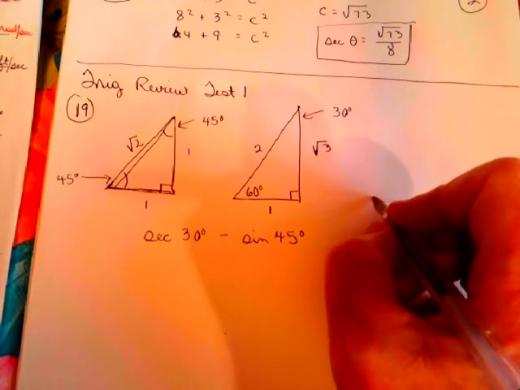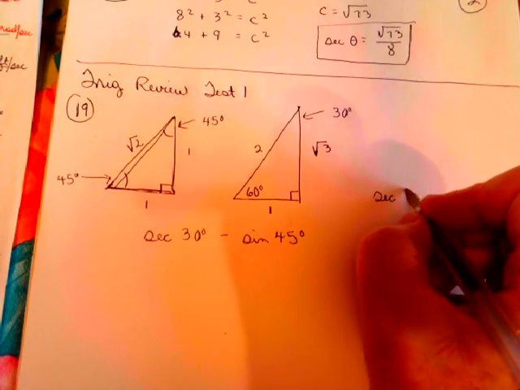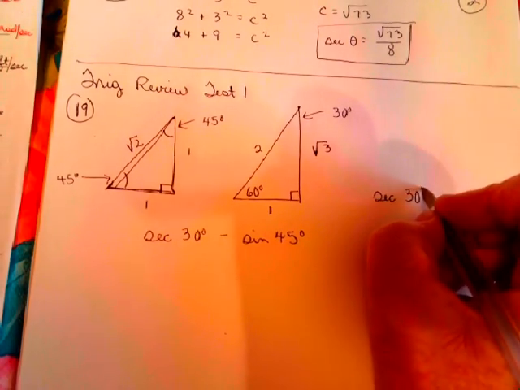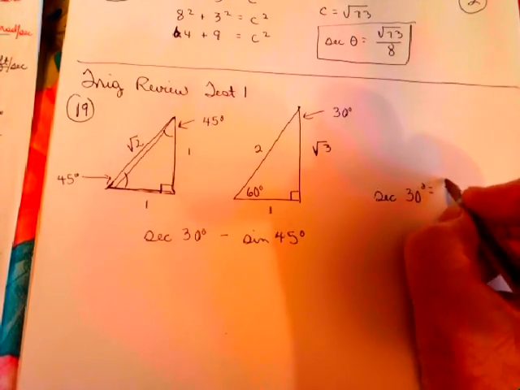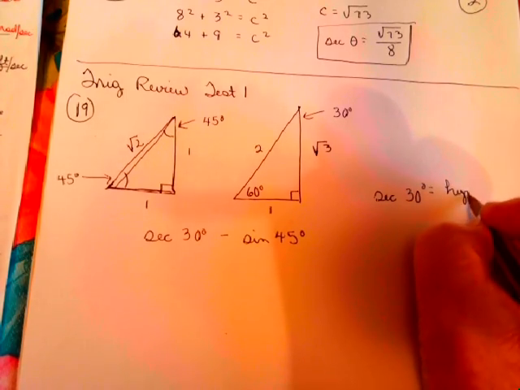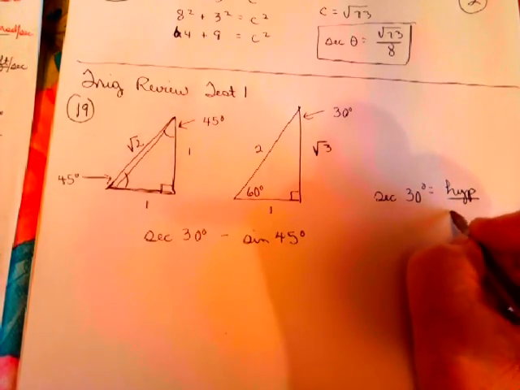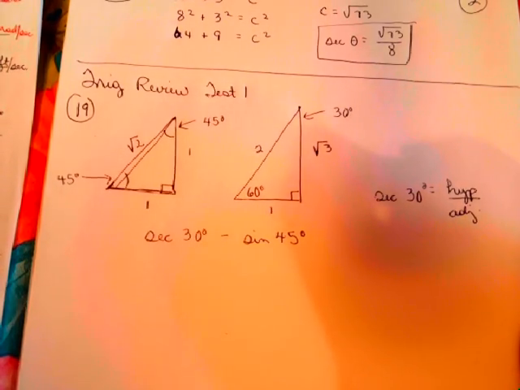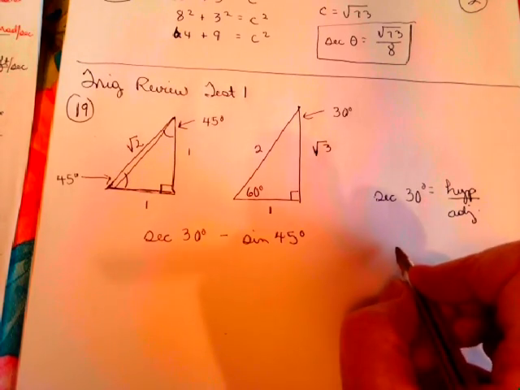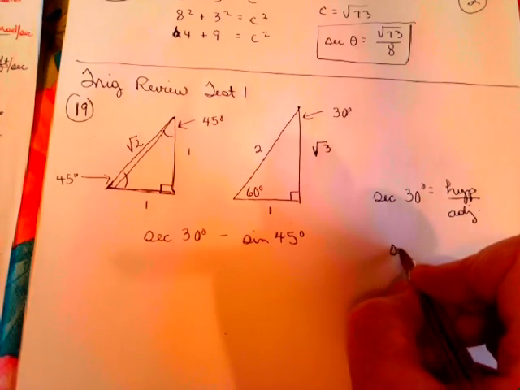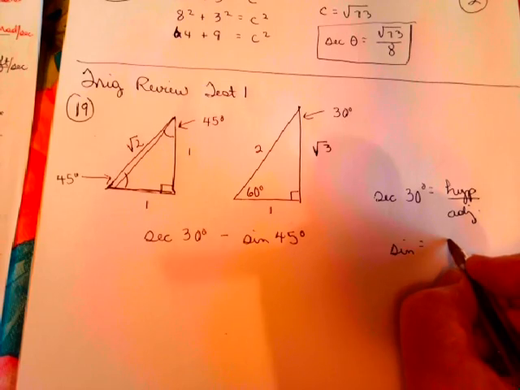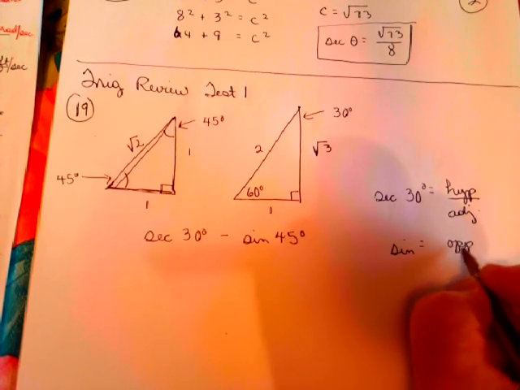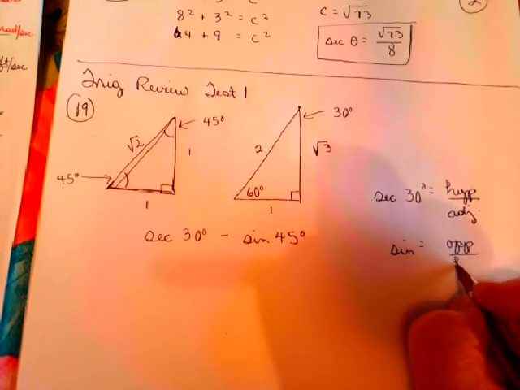You know that secant of 30 degrees equals hypotenuse divided by adjacent. You know that sine equals opposite over hypotenuse.